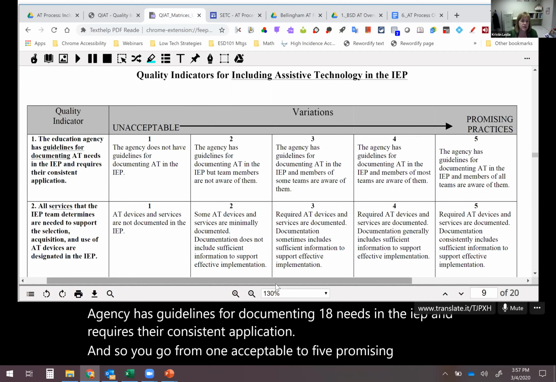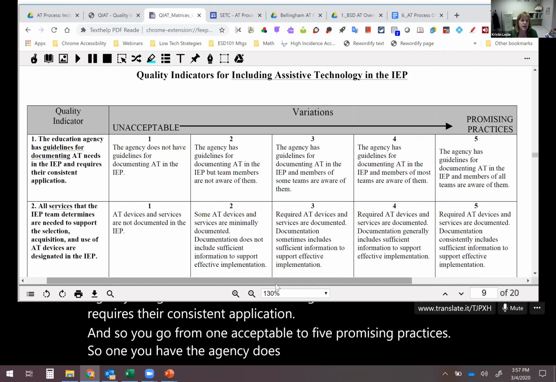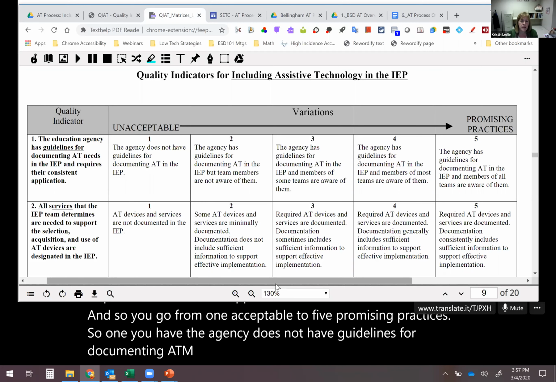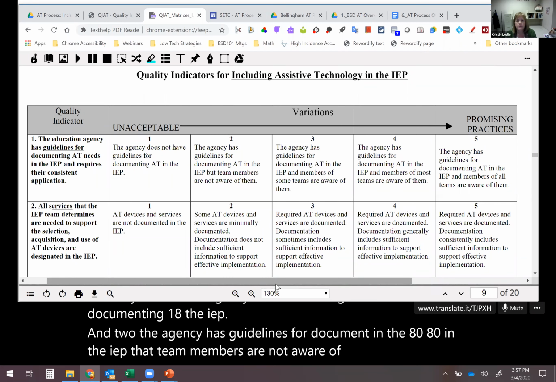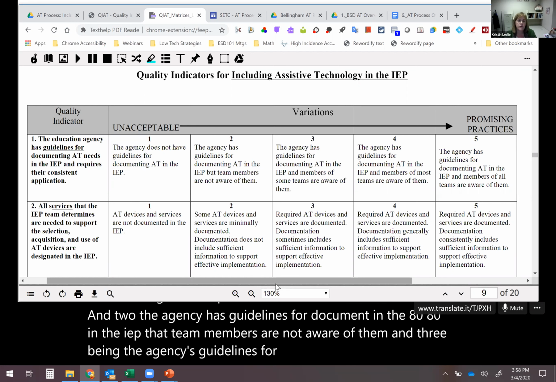So 1, the agency does not have guidelines for documenting AT in the IEP. And 2, the agency has guidelines for documenting AT in the IEP, but team members are not aware of them. And 3, the agency has guidelines for documenting AT in the IEP and members of some teams are aware of them.